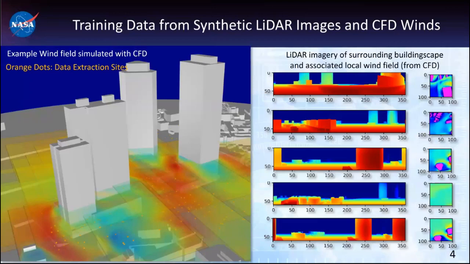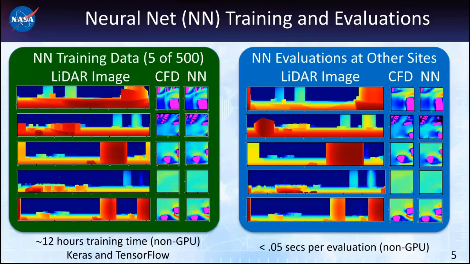So here on my next slide are 5 examples from the training data and the evaluation data. So again, the left side here is 5 sample LiDAR images. The column in green labeled CFD is the exact solution that we've extracted from the CFD simulation for that urban site.